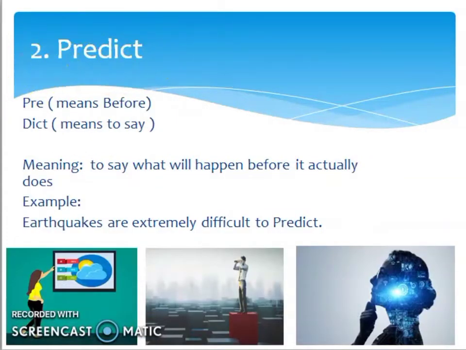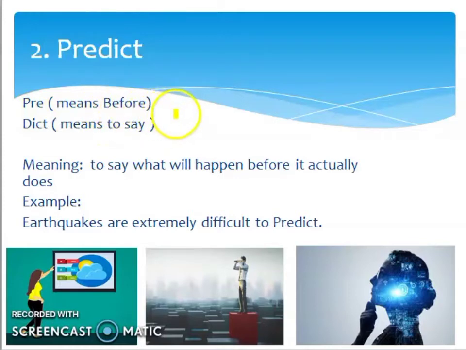Predict. Alright? So let's break it down. We could break it down in two chunks. So pre is serving as a prefix in this word, and it means before.